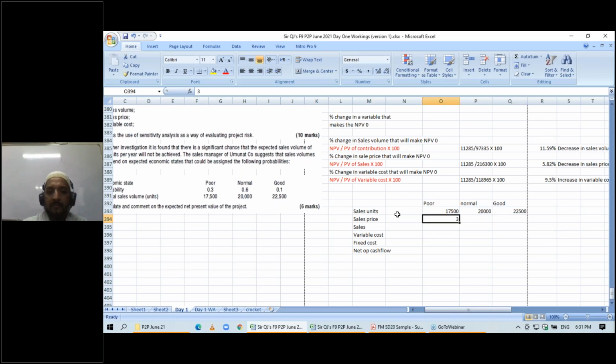So let's take contribution per unit over here. So contribution per unit is 1.35. 3 minus 1.65.